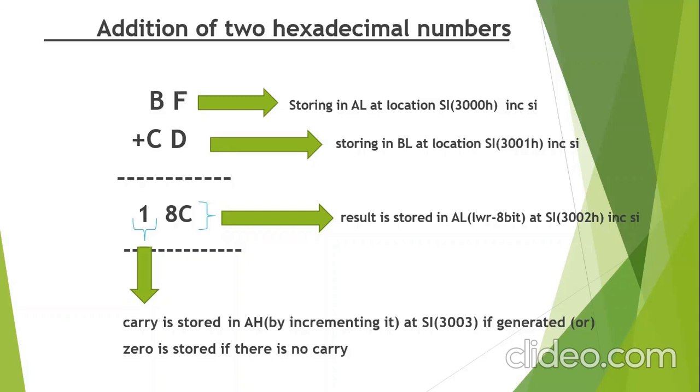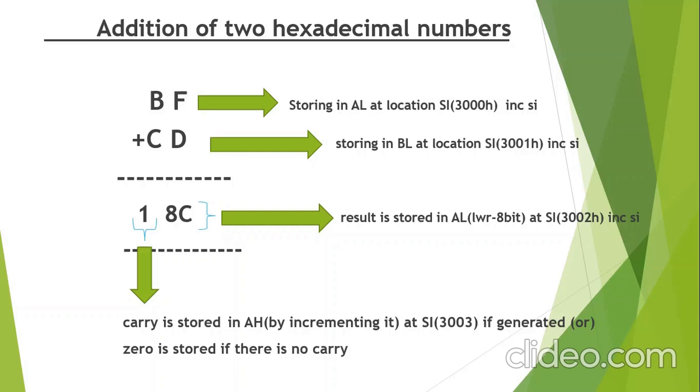We moved BF into the AL register at memory location 3000 already, so 3000 is already filled with an 8-bit number. How can it accommodate another 8-bit number? That's why we increment SI, that is, we incremented the memory location by 1, and in that memory location we move CD.